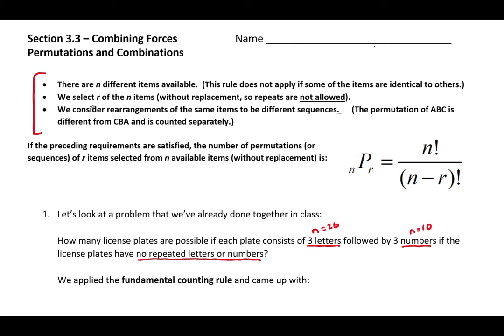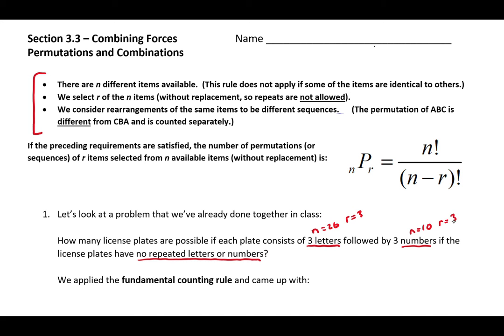And we're selecting r of those items. So r is the size of the group that we're choosing from the larger group. So with the letters, n equals 26 letters to choose from, and r in this example would be 3. And if we're choosing 3 numbers out of 10 options, then n would be 10 and r would be 3 as well.